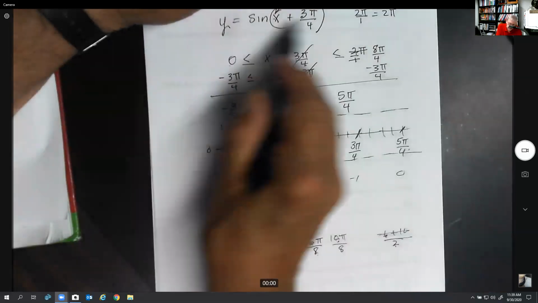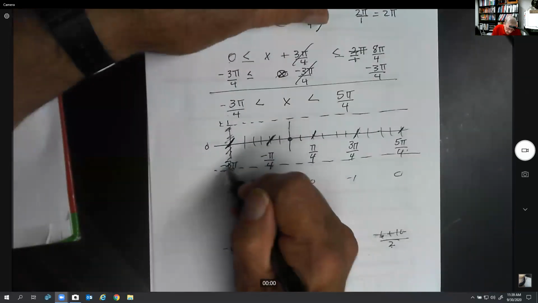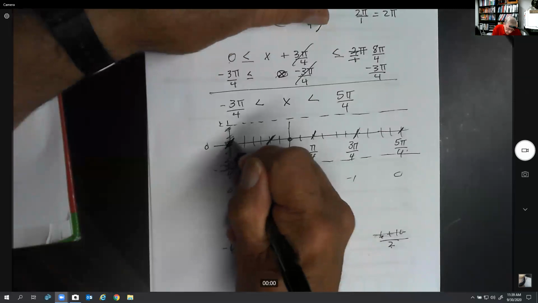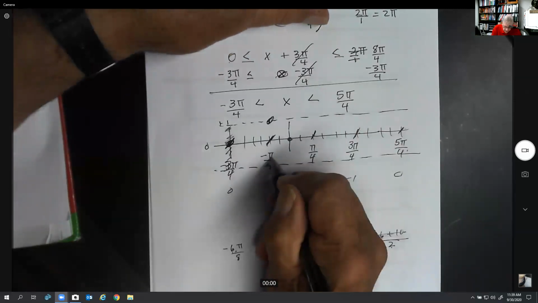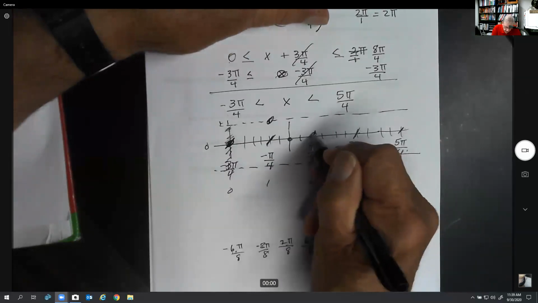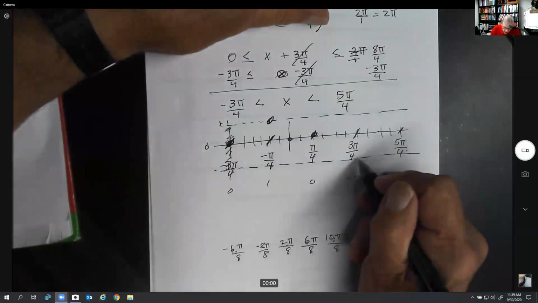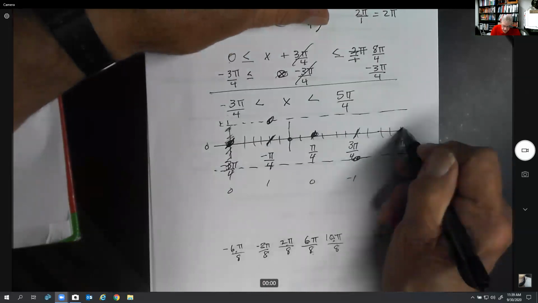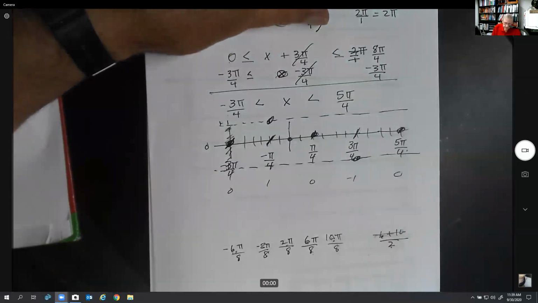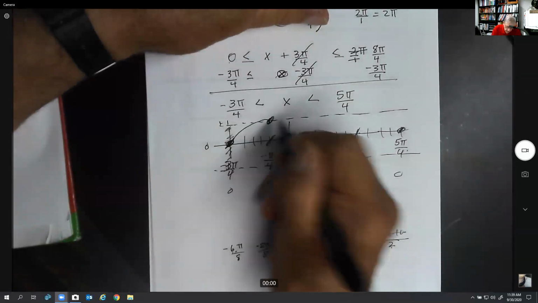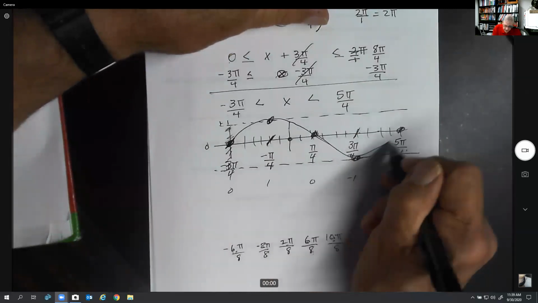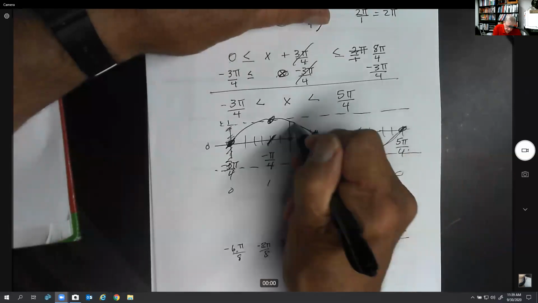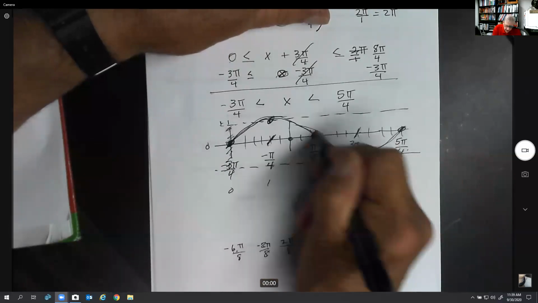And we aren't changing that, are we? So it's going to start out here at 0. It's going to go up to 1 at this point. It's going to go back down to 0. It's going to go to negative 1. And it's going to go to 0. And now we can graph it. It's kind of spread out and big, but that way you can see it all instead of all bunched together.